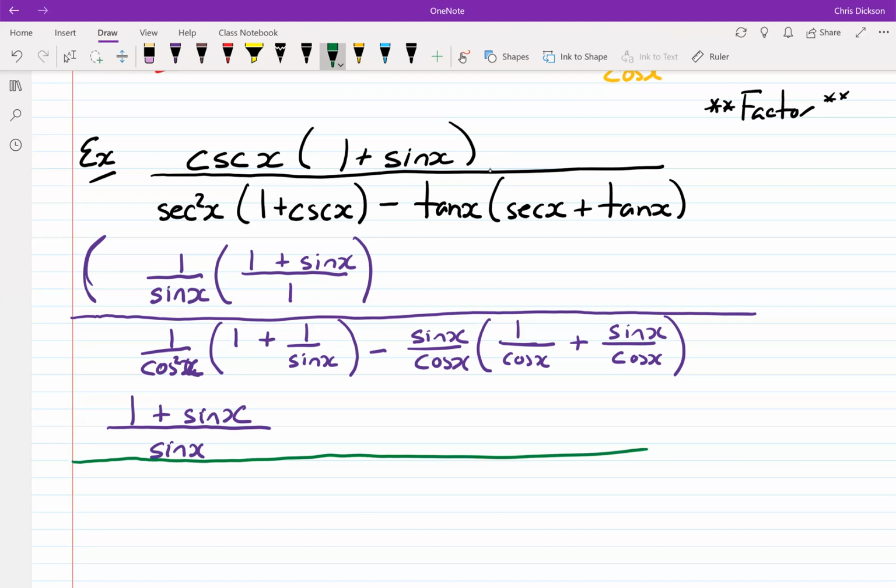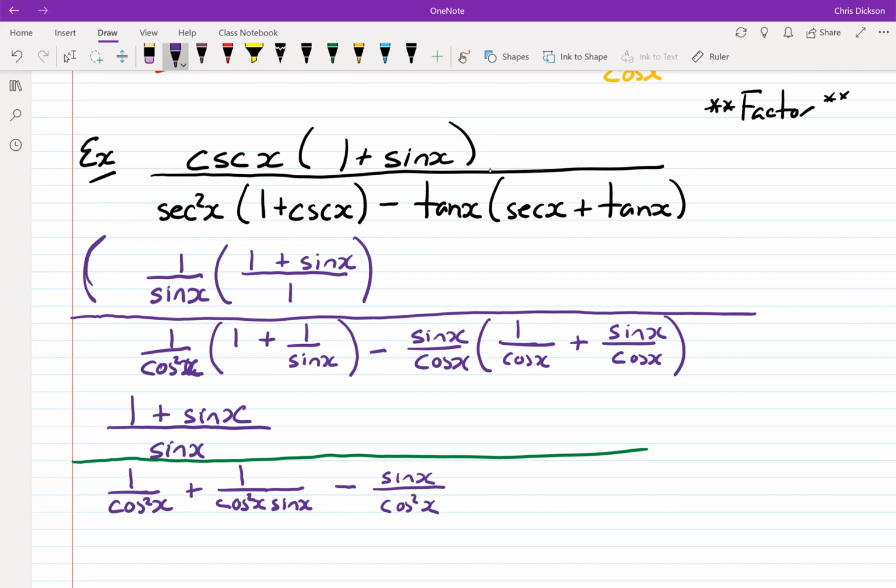So I'm going to get 1 over cos squared x plus 1 over cos squared x sine x, minus sine x over cos squared x.